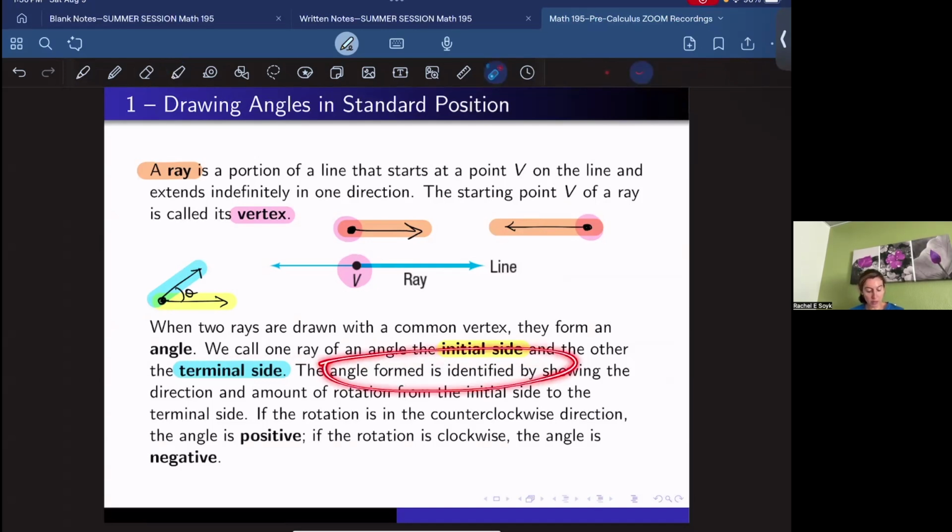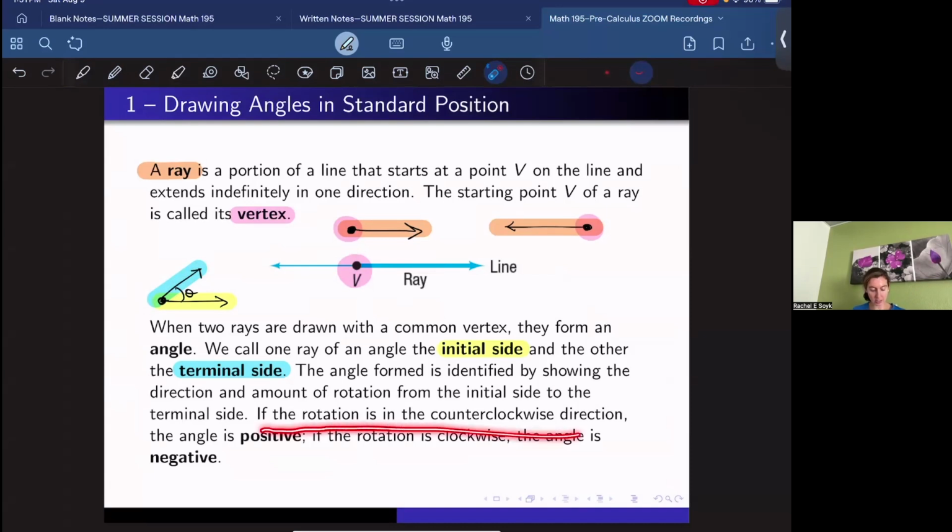The angle formed is identified by showing the direction and the amount of rotation from the initial side to the terminal side. So it can go all the way around. Think coordinate plane and think circle, aka unit circle. Foreshadowing.